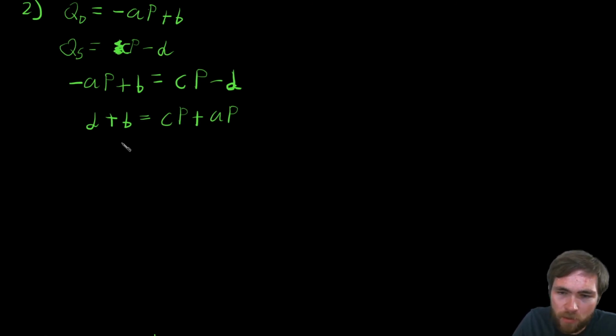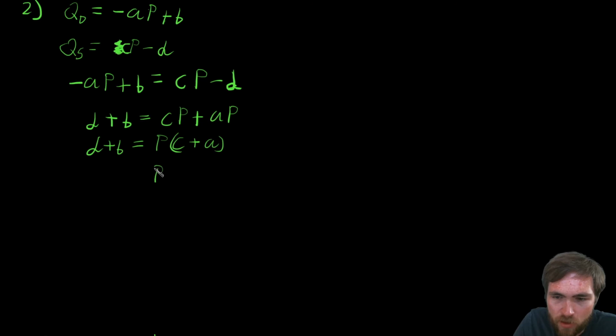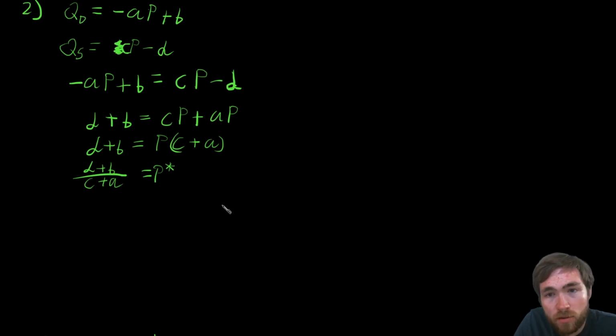So we can factor a P out of this. So we've got D plus B is equal to P times C plus A. And then we divide both sides by C plus A, leaving us with P star is equal to D plus B over C plus A. And just like in the previous example, we arrive at Q star by plugging that back in.